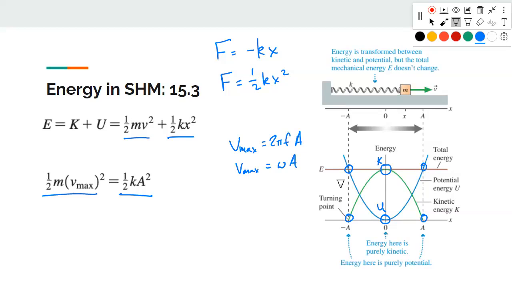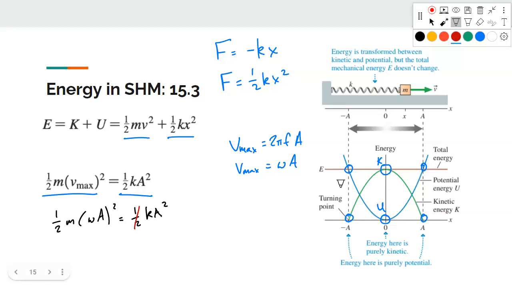And this is where we get our next and really our final critical piece of information about the position equation of an oscillating system. So we plug this in, 1/2 m omega a squared equals 1/2 k a squared.